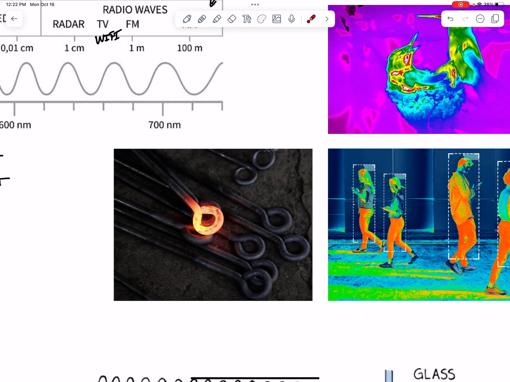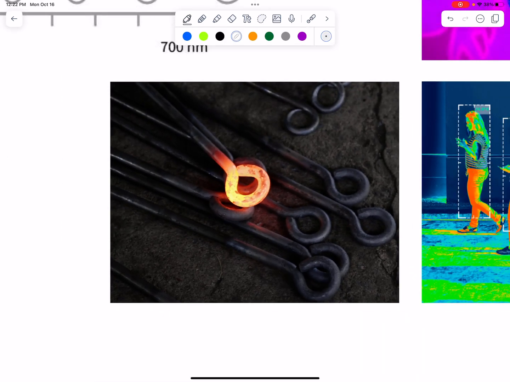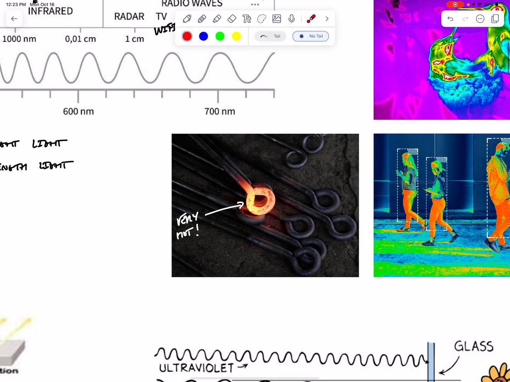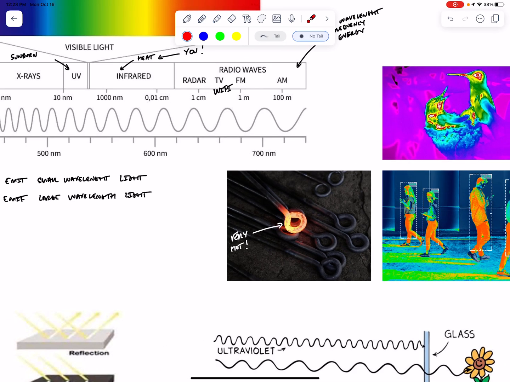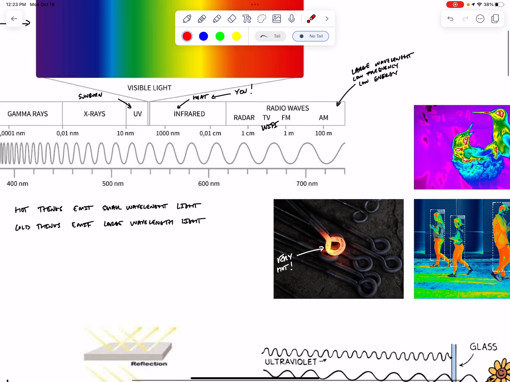You know that when you heat stuff up, sometimes it starts to glow. So here we have something that is hot, very hot. And as you've heated this metal up in the forge, you've increased its temperature, and now it's gone from emitting a wavelength of light that you can't see to a wavelength of light that you can see.